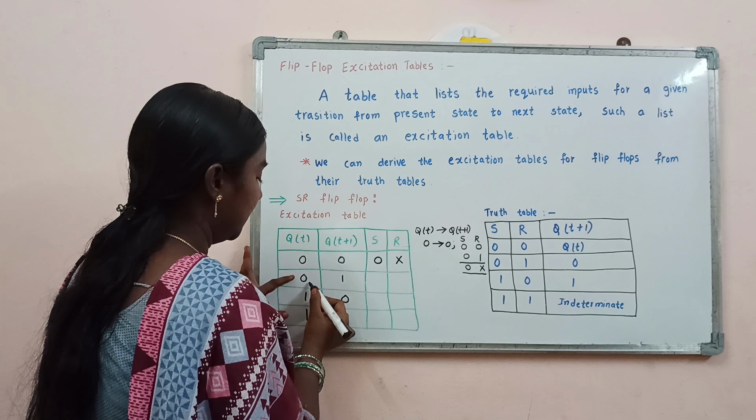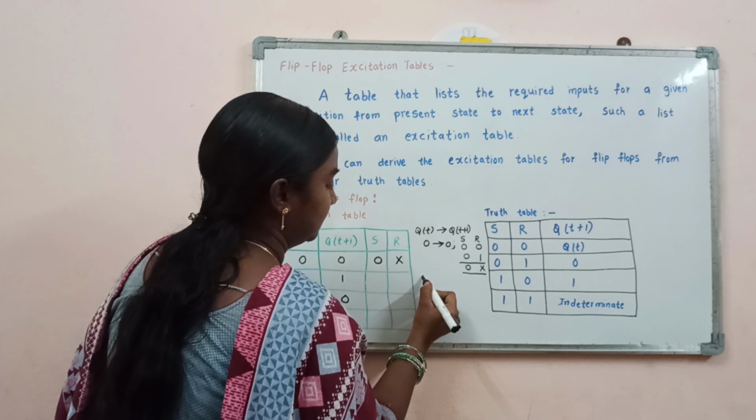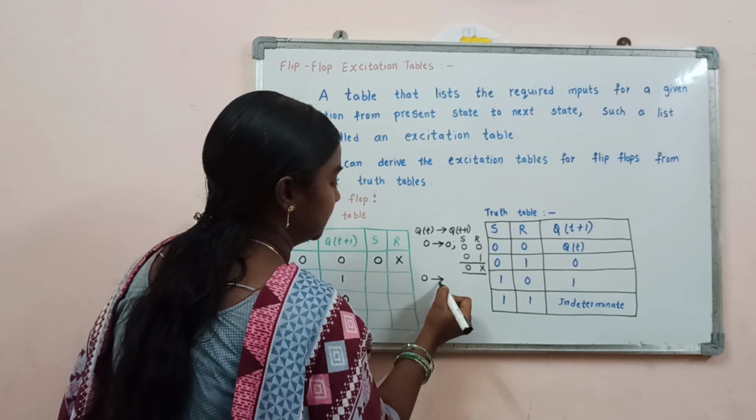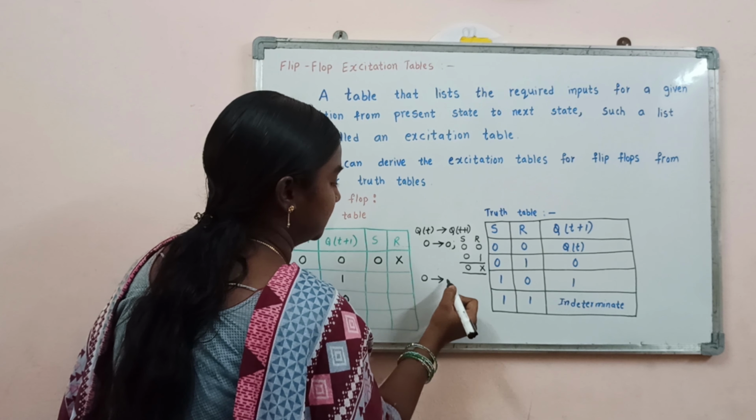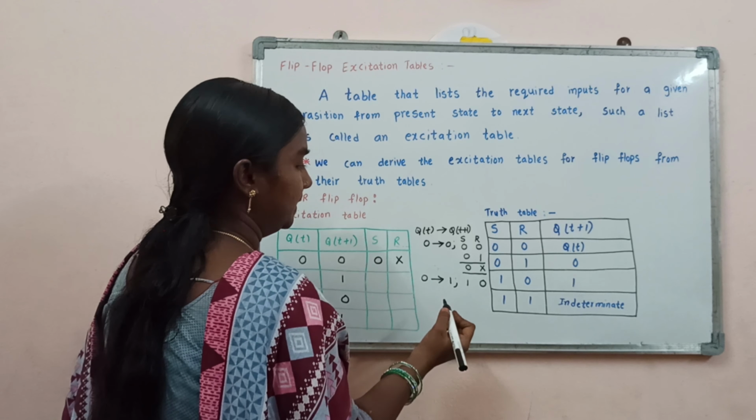Now considering the second transition, 0 to 1 transition. This possibility can be obtained in the input condition where the set input pin is 1 and the reset input pin is 0.